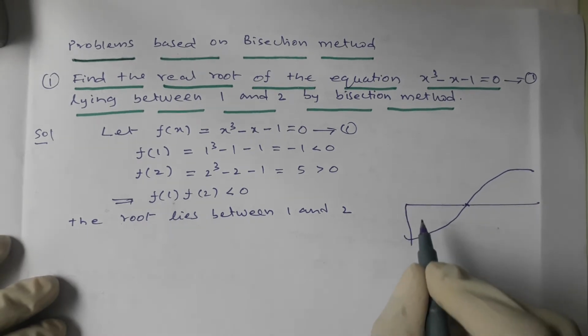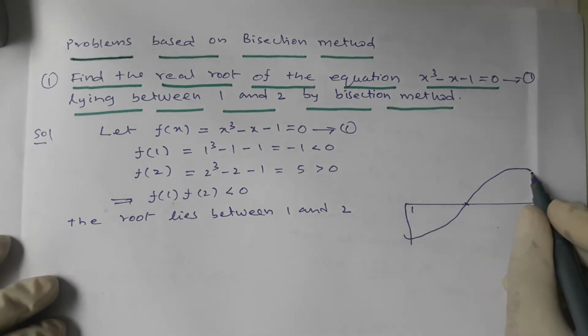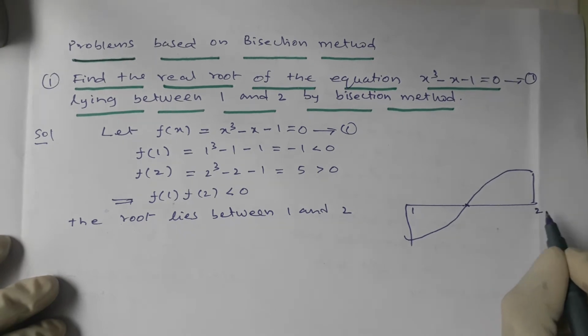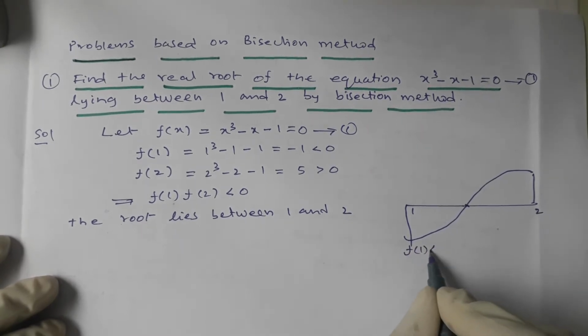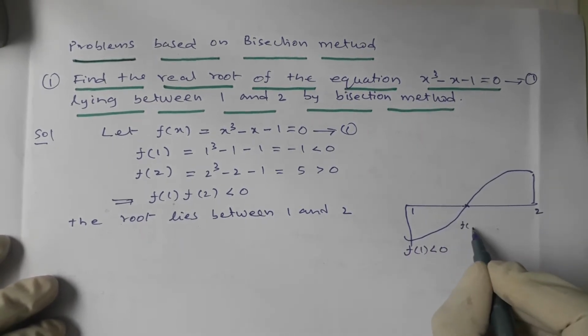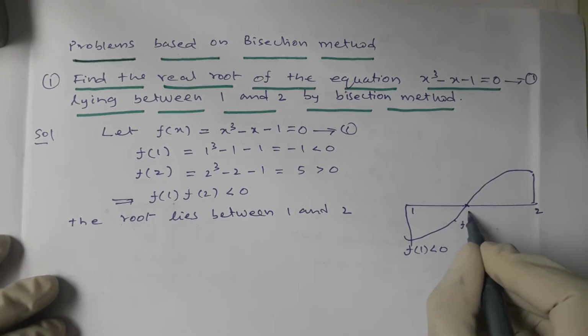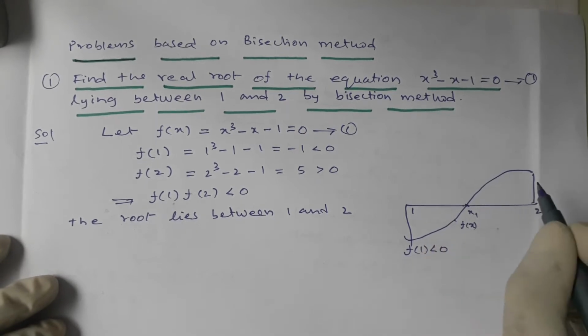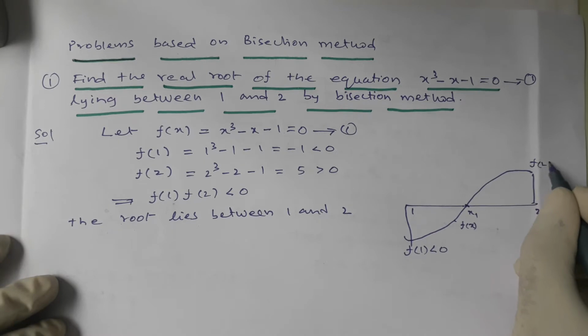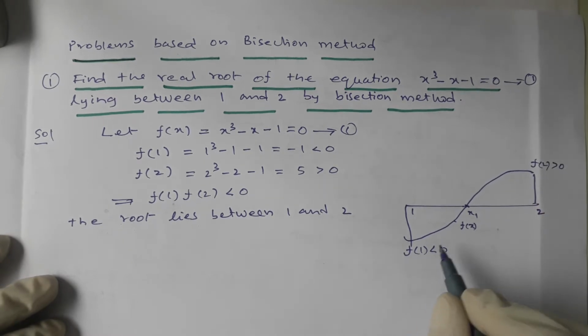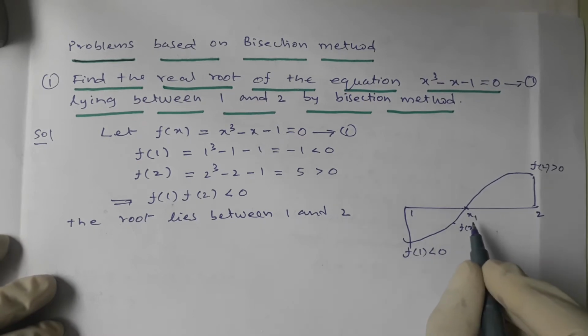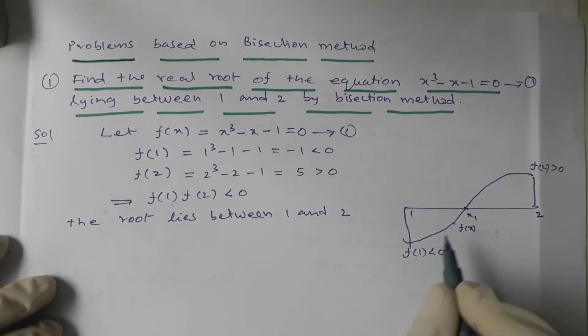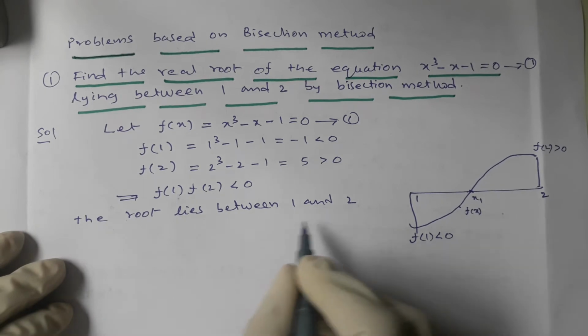As we see, the function is like this. The interval is 1 to 2, so f of 1 is less than 0, and this is the x1 value, the first approximation root later on. And f of 2 is greater than 0. Whenever f of 1 into f of 2 is less than 0, the first approximation root is the average of the upper and lower limits.